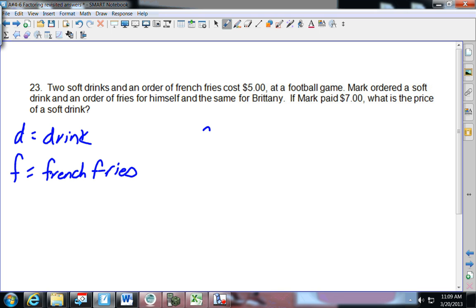I have 2 times the drinks plus 1 times the French fry equals $5.